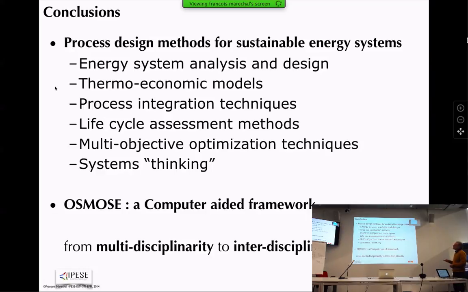So you have seen that applying the same kind of techniques, so again, I'm combining process modeling, process integration, optimization techniques, and assessment methods, we are able to make the design of systems.